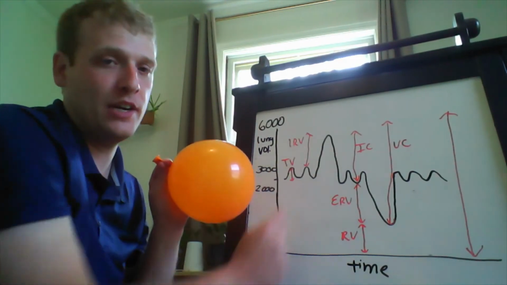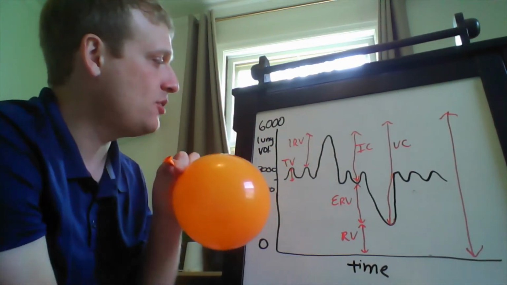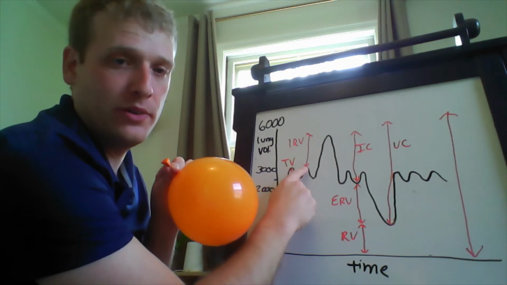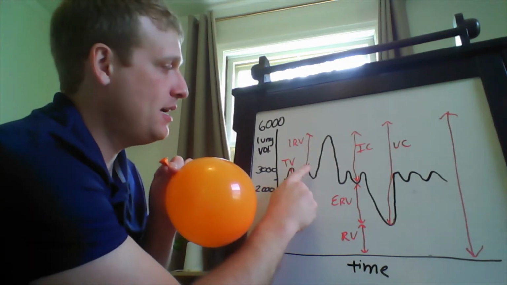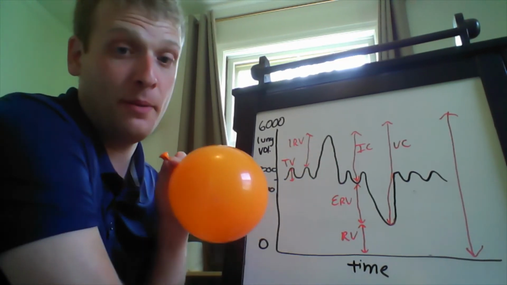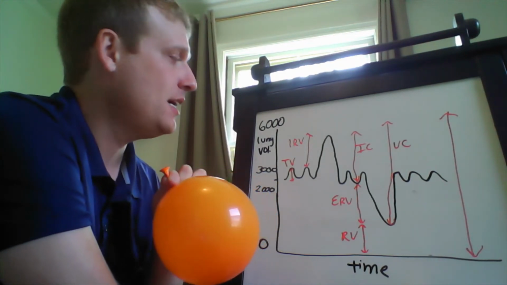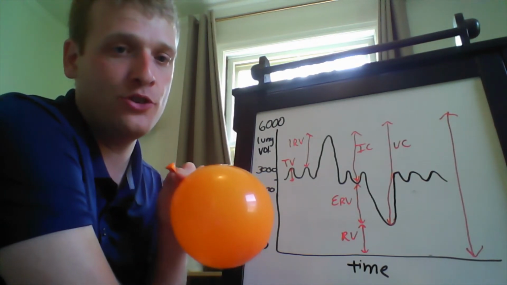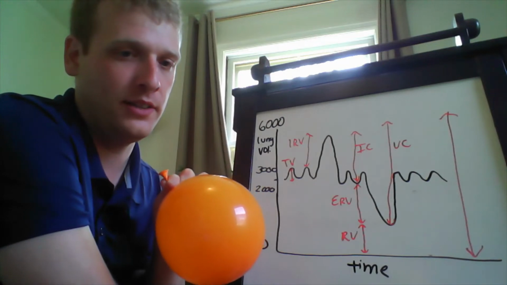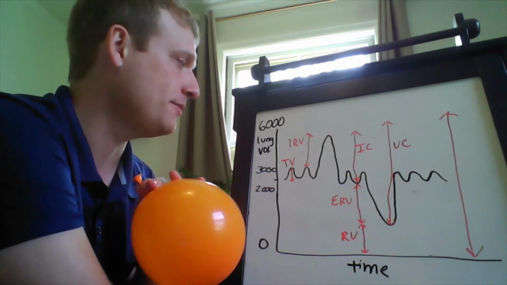At some point you're going to reach a maximum. The difference between the normal inspiration volume and the inspiration volume for a maximum inspiration is called the inspiratory reserve volume. That's the reserve volume in your lung that's left for a maximum inspiration.